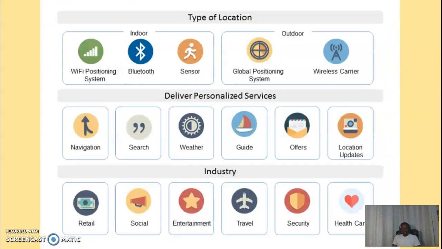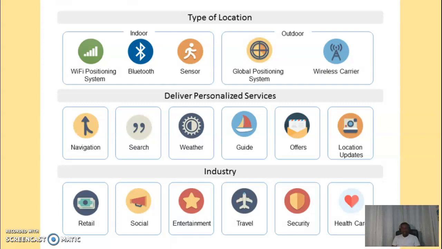This slide presents specific applications by industry: retail, social, entertainment, travel, security, and healthcare. All of these could apply GIS technologies to provide added value to users or business.